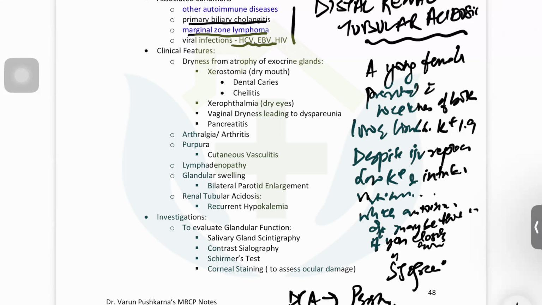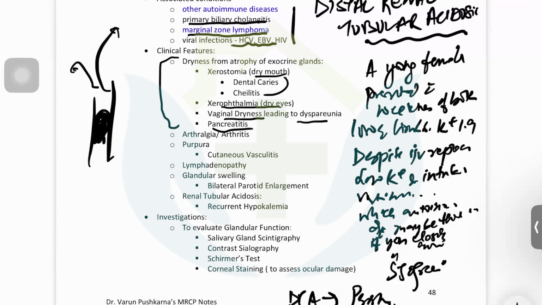Clinical features are basically from xerosis, that is dryness of the secretions from exocrine glands leading to dry mouth, hence the dental caries, cheilitis, xerostomia, stomatitis, xerophthalmia, dry eyes, vaginal dryness leading to dyspareunia, and pancreatitis because of the deposition of the pancreatic secretions inside the pancreatic duct.